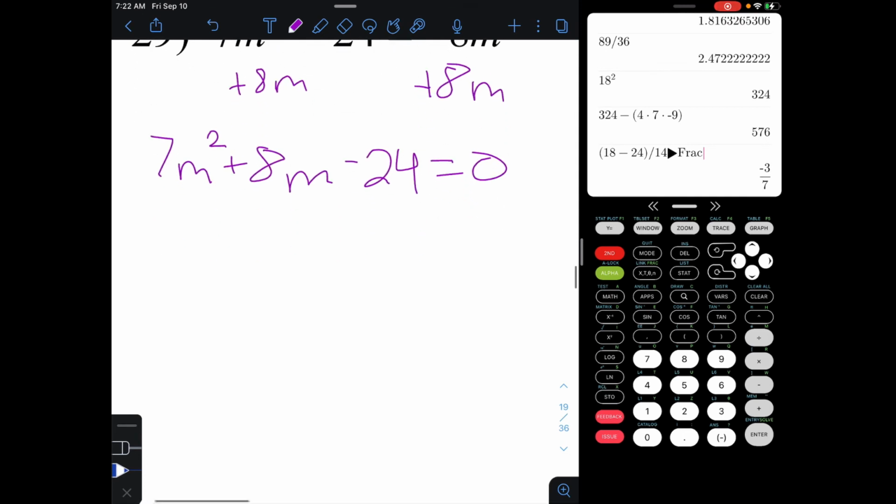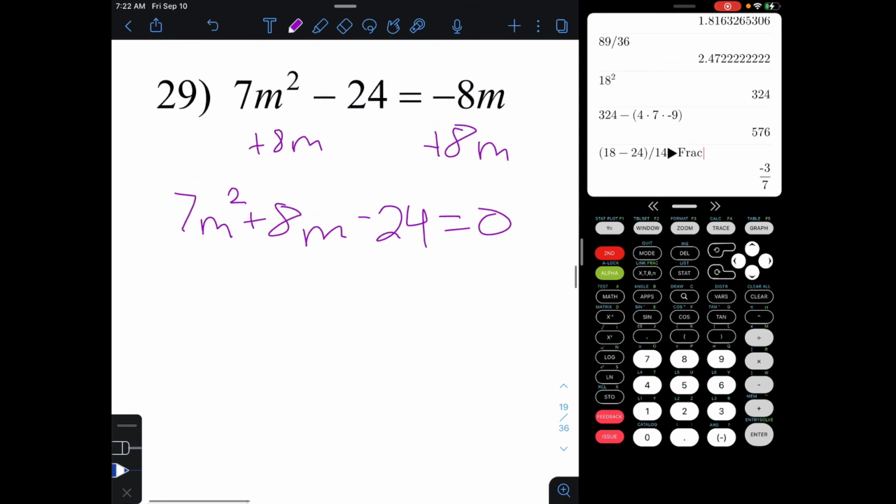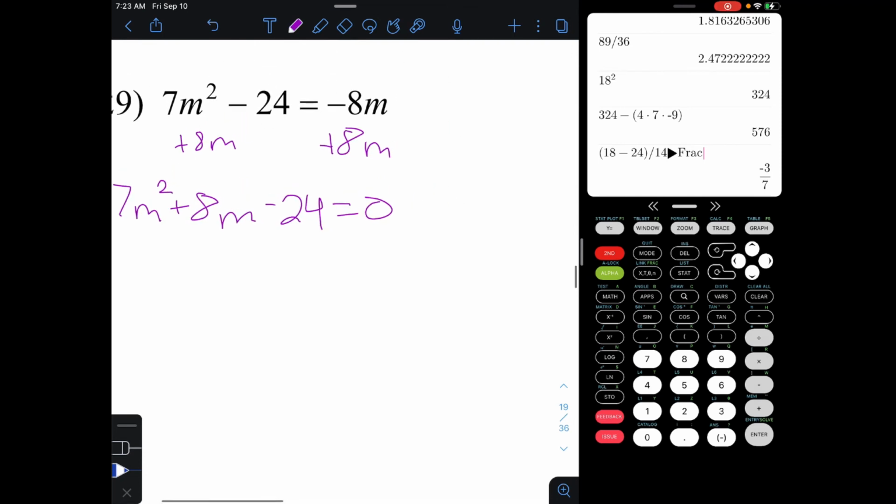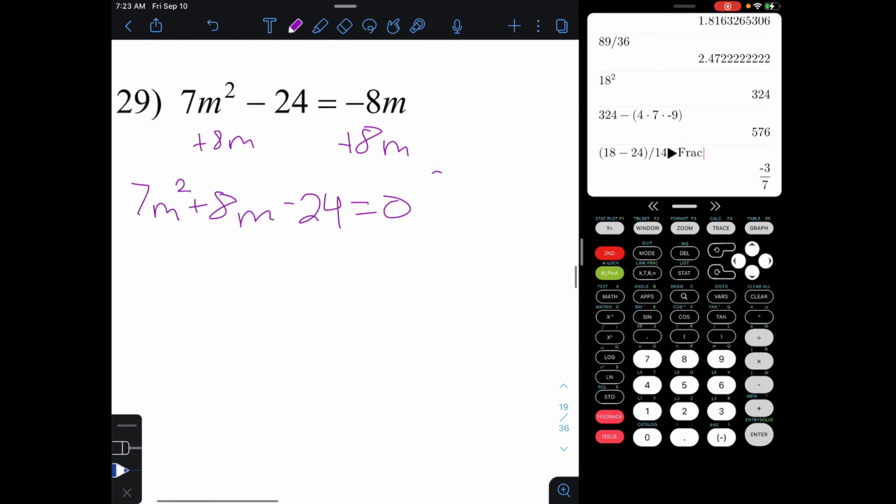All right. Now again, we've got that leading coefficient here. So this one we actually can't factor at all. You could try, and when you get to the point where you're like, I can't factor this, you know you have to go to the quadratic formula. So we're going to identify our A, B, and C terms. Our A term is 7, our B term is 8, and our C term is negative 24.